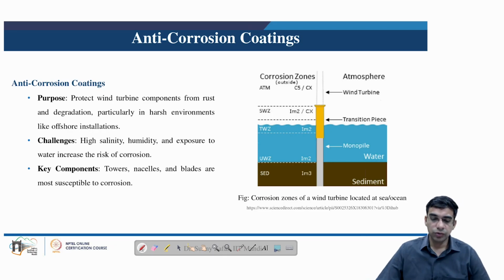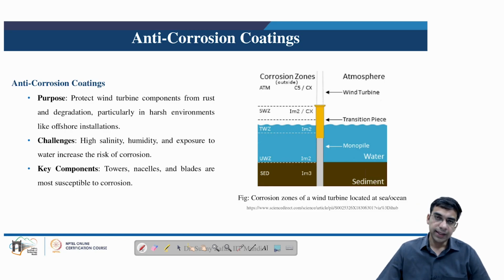Anti-corrosion coatings are basically needed in the wind turbine to protect it from rust and degradation, especially in harsh environments which are encountered in offshore installations. These coatings are applied on the monopile or the tower of the wind turbine, which is in direct contact with the seawater and the sediment below the seabed.